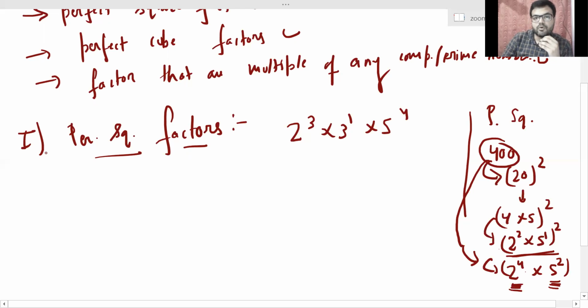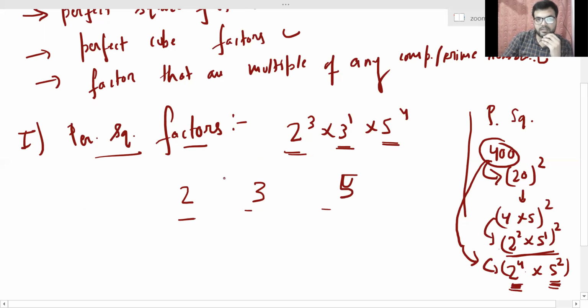Fine. So in this format, we have got 3 prime numbers. First is 2, second is 3, and third is 5. So make 3 columns, one each for 2, 3, and 5.